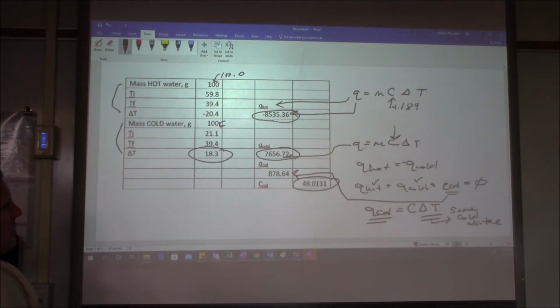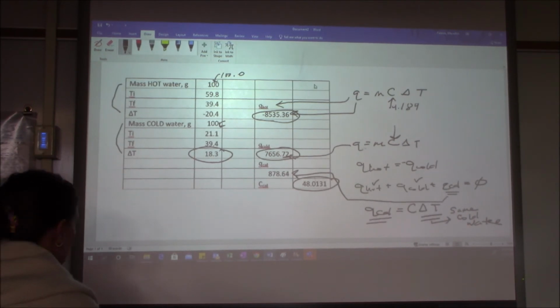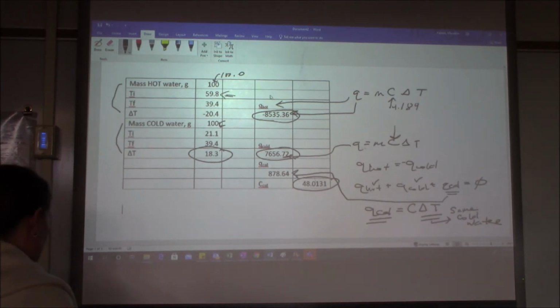Some things to keep in mind as far as error is concerned. When I stop heating my water and transfer it, that water is continuously losing energy to the cooler surroundings. That means that this initial temperature here of 59.8 degrees is probably a little high.